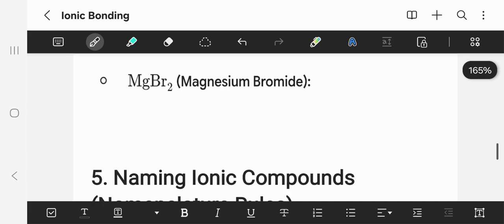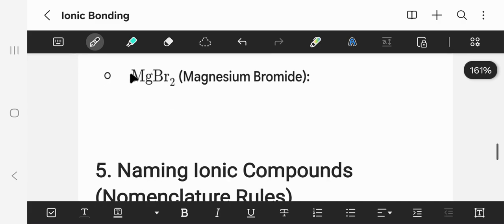Let's go to this one, magnesium bromide. For my magnesium bromide, same situation. Magnesium is in group number 2 and magnesium is a metal, so that means magnesium will have 2 electrons. I'll use crosses now, and it will lose these electrons to what? To one bromine and the other bromine, because we know that one bromine only needs 1 electron, so we need another bromine to receive the other electron, right?